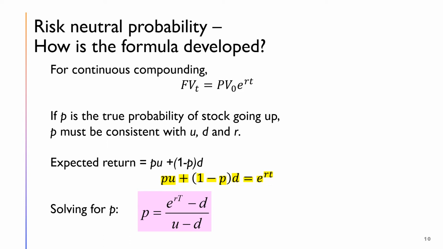Second, the expected return is also the weighted average of the probability of upside and downside change. Both the explanations of the expected return can be combined into an equation, as highlighted in yellow. When we rearrange the equation and solve for P, we shall obtain the final formula for risk-neutral probability, which is highlighted in pink.